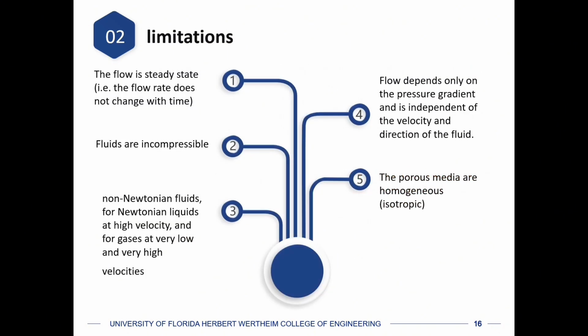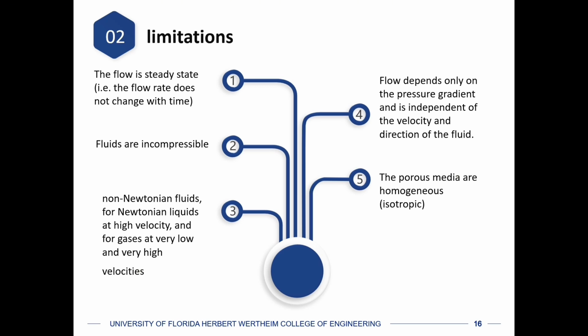Darcy's law is a fundamental tool for describing flow through porous media, but it is not applicable under all conditions. It has several limitations, shown in this slide. First, the flow must be steady state, and second, the fluids are incompressible. It also does not hold for non-Newtonian fluids, Newtonian liquids at high velocity, and gases at very low and very high velocities.